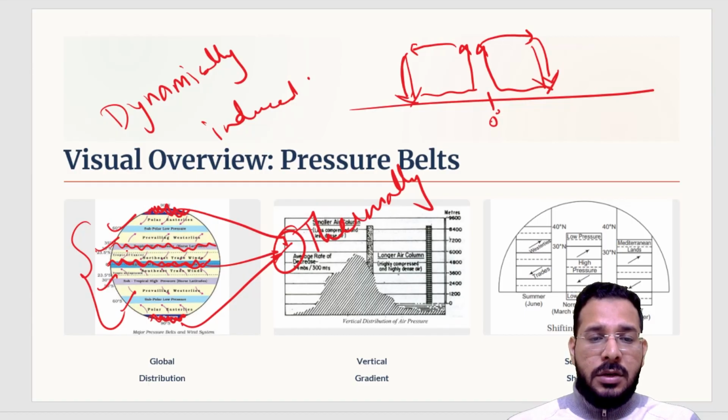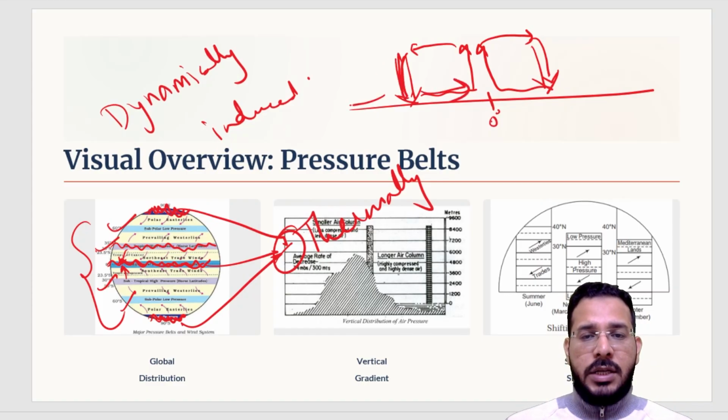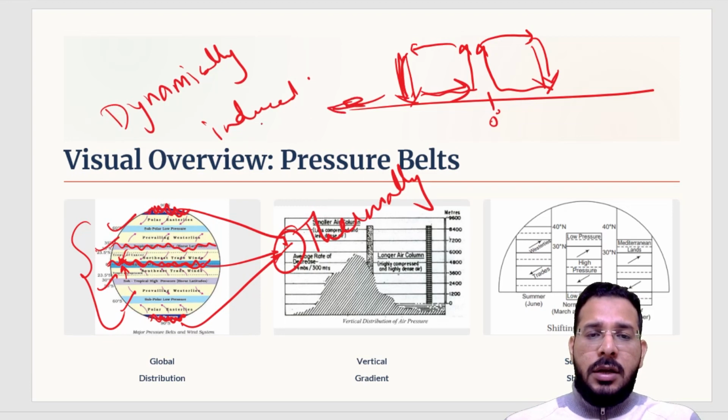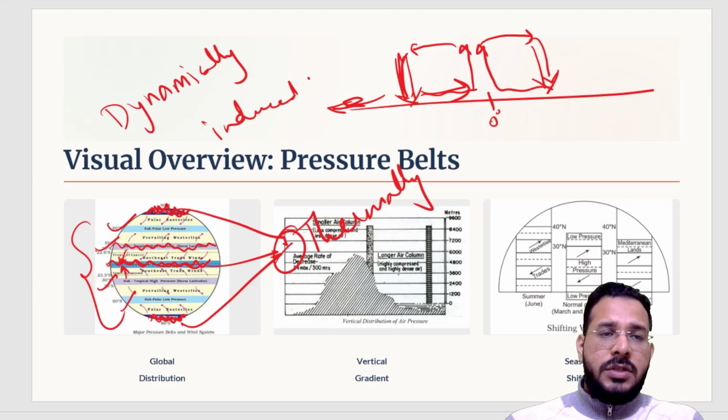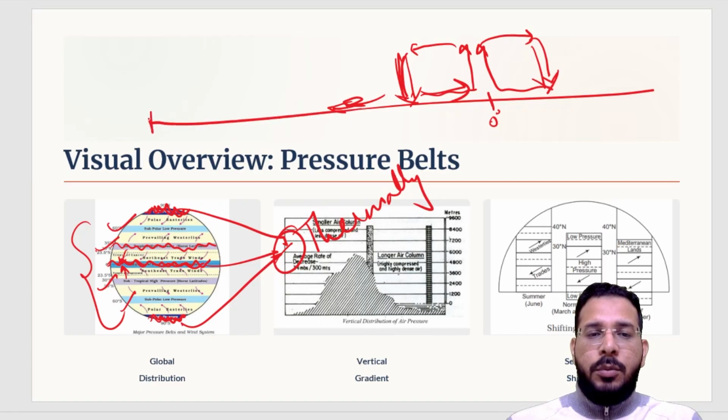So from high pressure, the wind is coming towards low pressure. Now the wind sitting over here moves in both directions, and the wind is coming towards this direction. From the polar region also, we have a high pressure belt, so the wind is sinking down and moving in this direction.